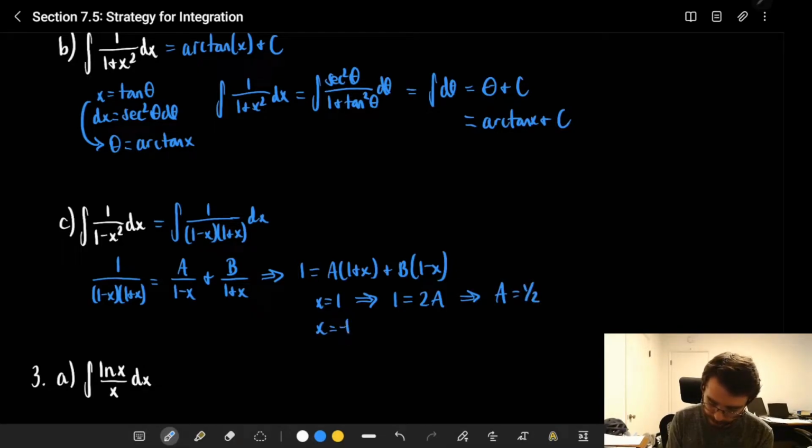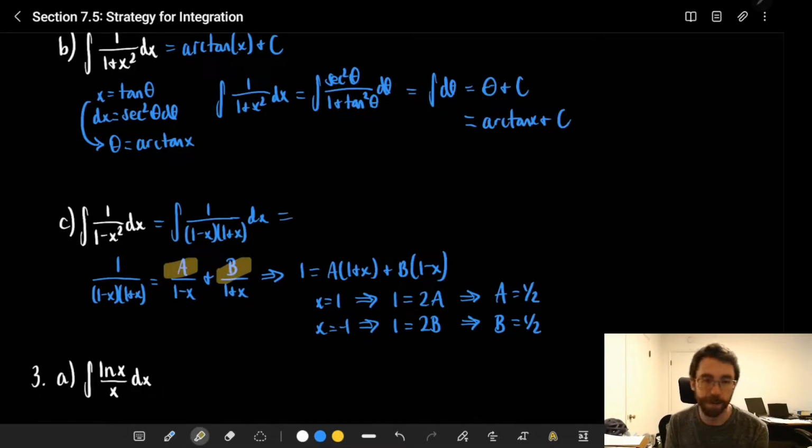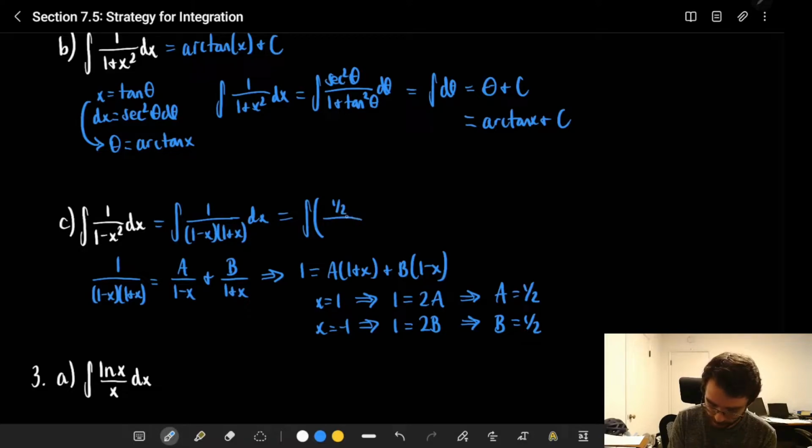If x is negative 1, that'll cancel out the a term and get me 1 equals 2b, which means b is a half, which means this whole integral can be rewritten as, just plug in a half for a and b. This can be written now as a half over 1 minus x plus a half over 1 plus x, close parenthesis.